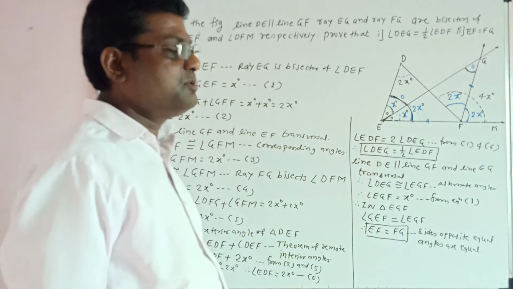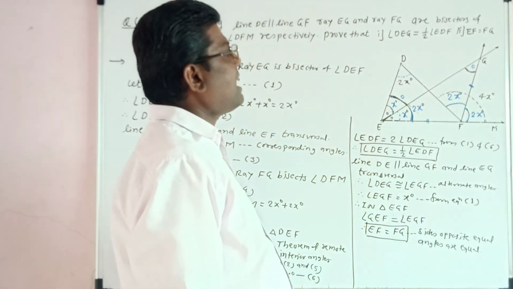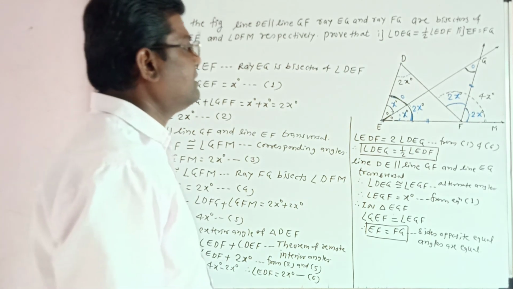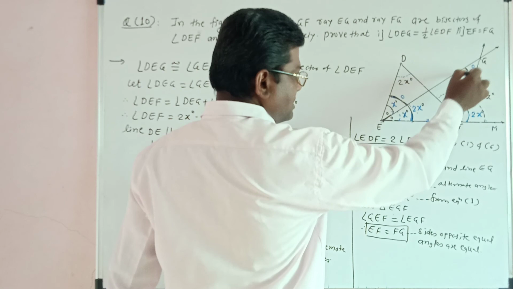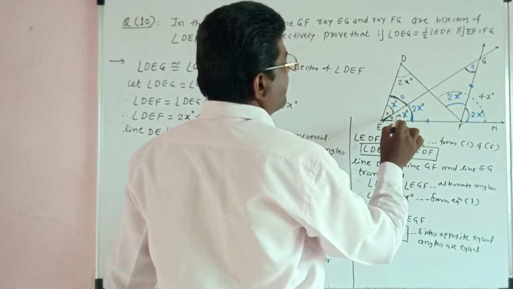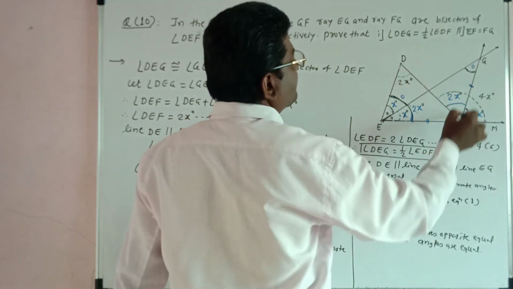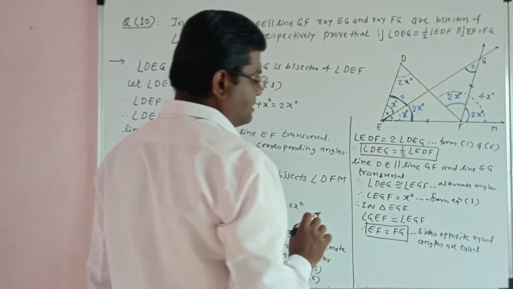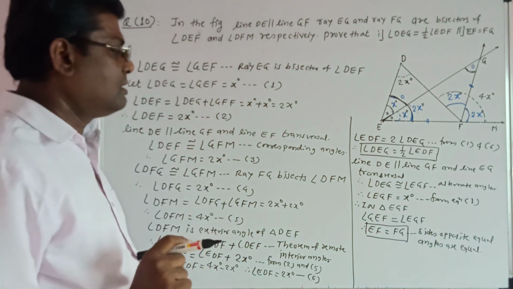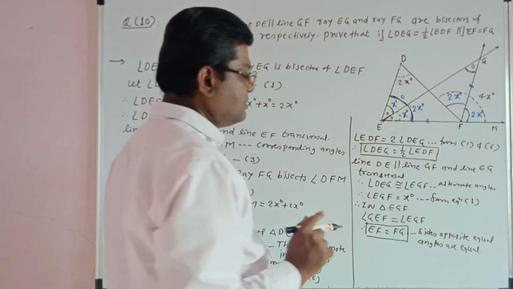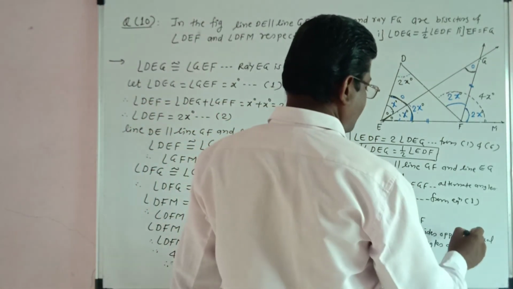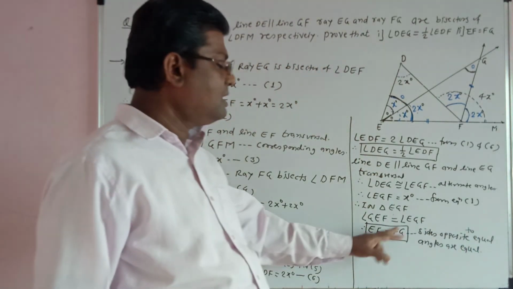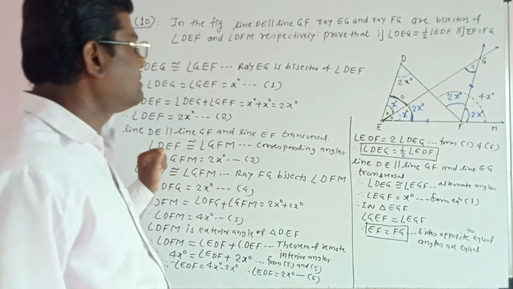Therefore, this is an isosceles triangle, and in an isosceles triangle, sides opposite to equal angles are equal. Therefore, side opposite to this angle is EF and side opposite to this angle is GF. So, EF is equal to FG. Sides opposite to equal angles are equal. Therefore, EF is equal to FG is proved here.